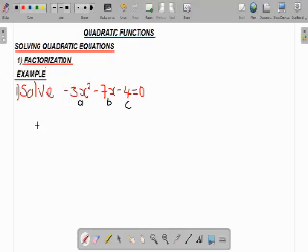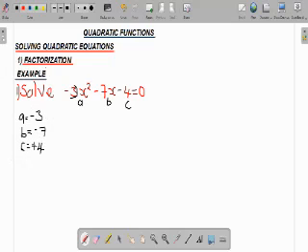So a is equal to negative 3, that is our coefficient of a. The coefficient of b is negative 7, and the coefficient of c is negative 4. These are the numbers that we have in that quadratic function.